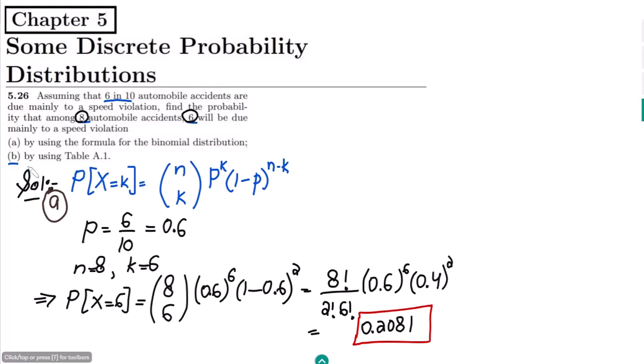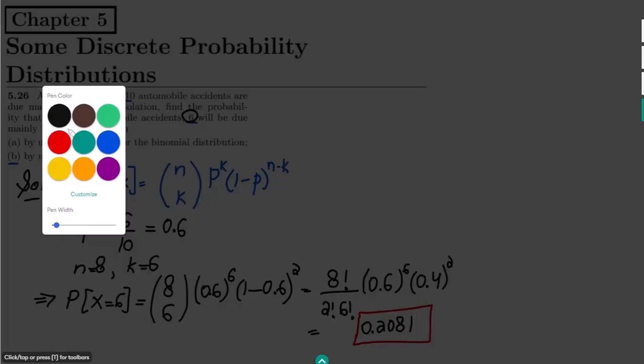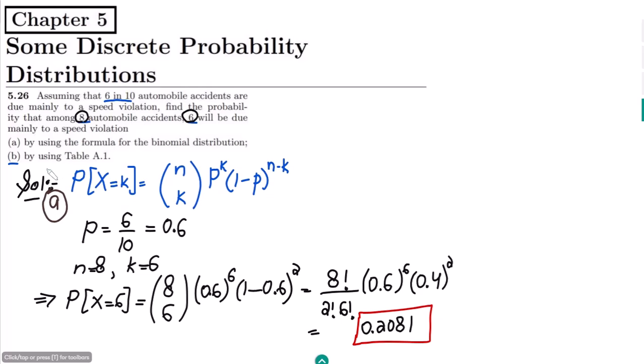Similarly, in part B, we are asked to find the same solution by using table A.1. Okay, so what is table A.1? How can we find the values here? Here we have all the values for n equal to 8, and the probability here is 0.6.